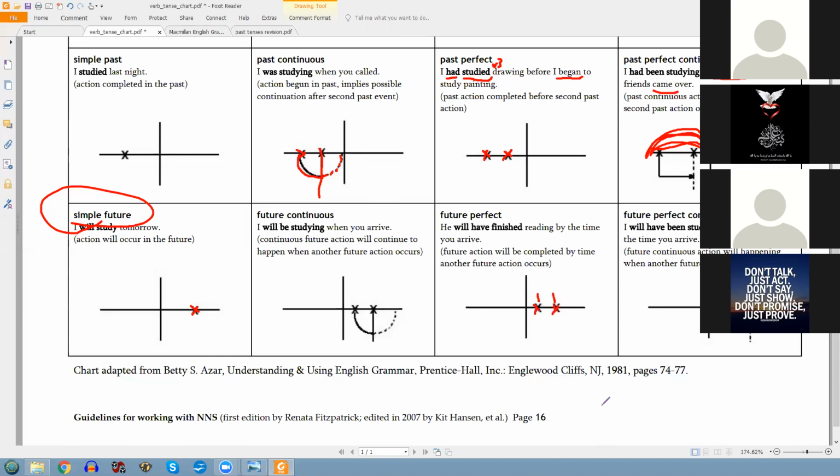By the time the patient arrives at the hospital, I will have finished his referral. Or, by the time the patient arrives into your care, the lab results will be finished. So it's the same idea as past perfect.